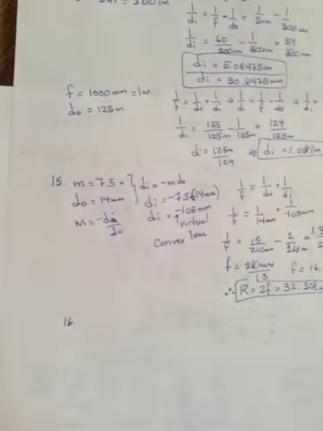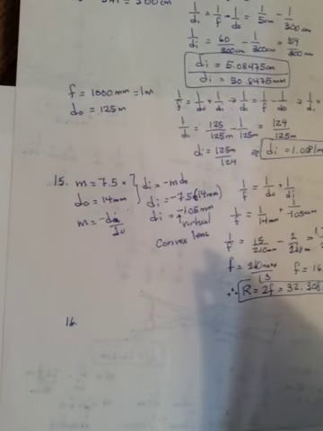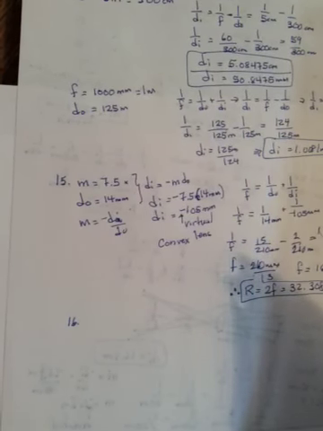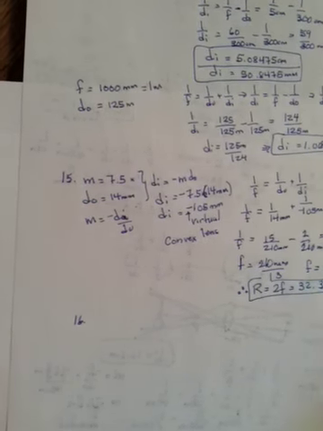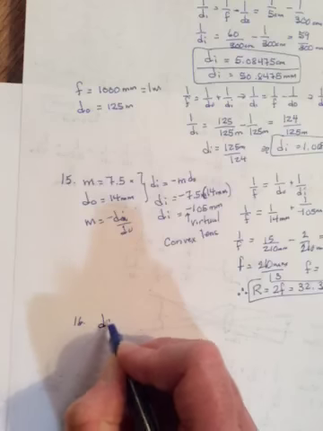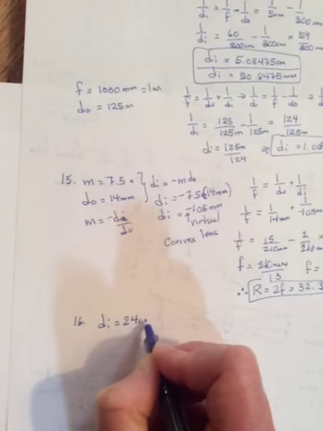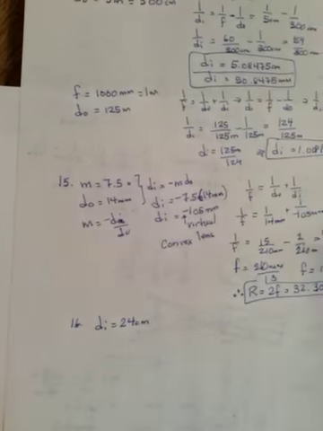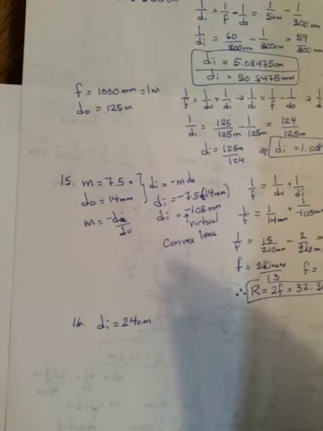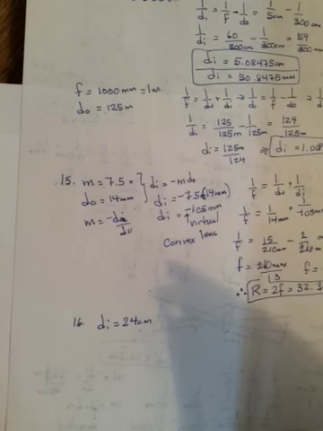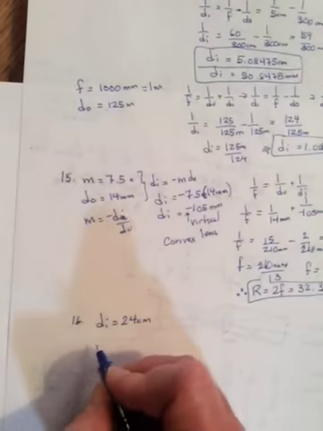And the last question. The last question says, a convex lens is needed to produce an image located 24 centimeters behind the lens. So DI is 24. That is 0.75 the size of the object.